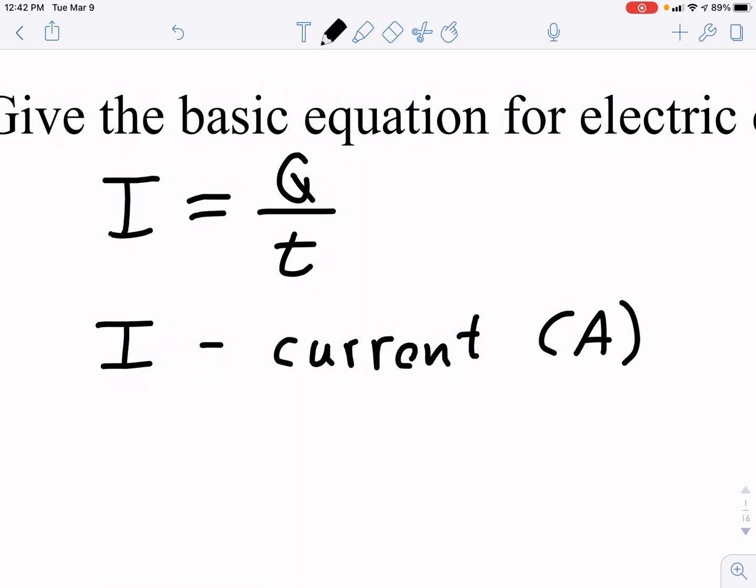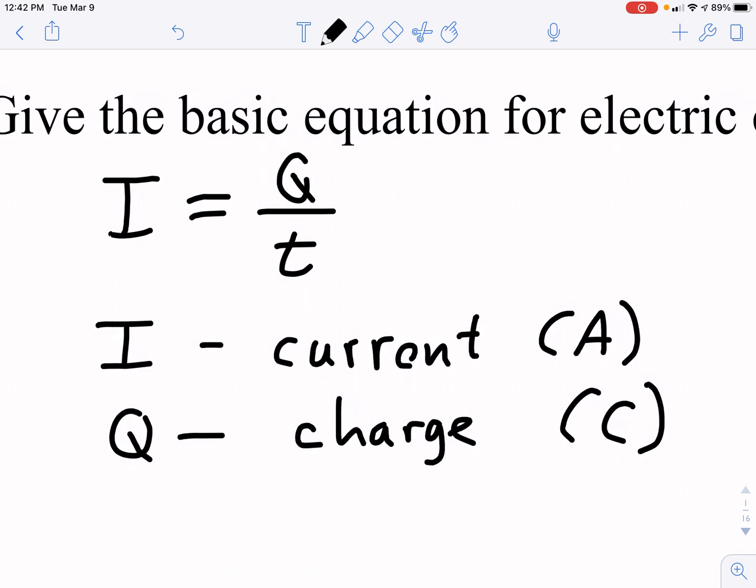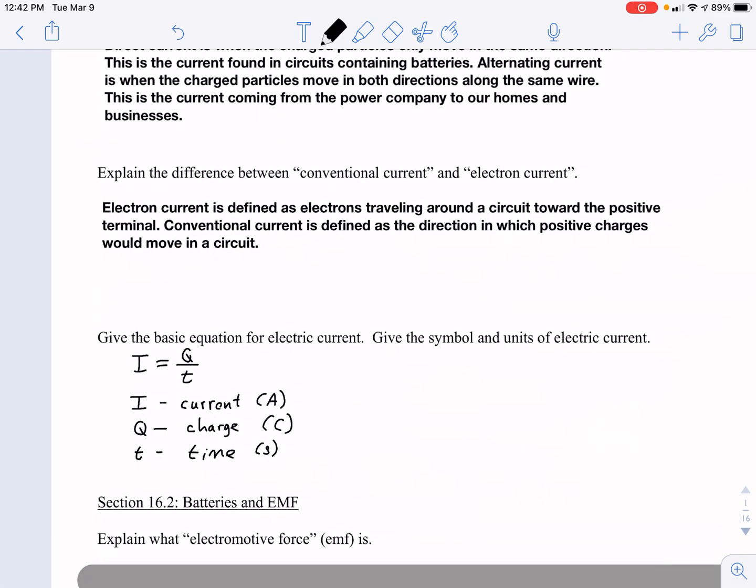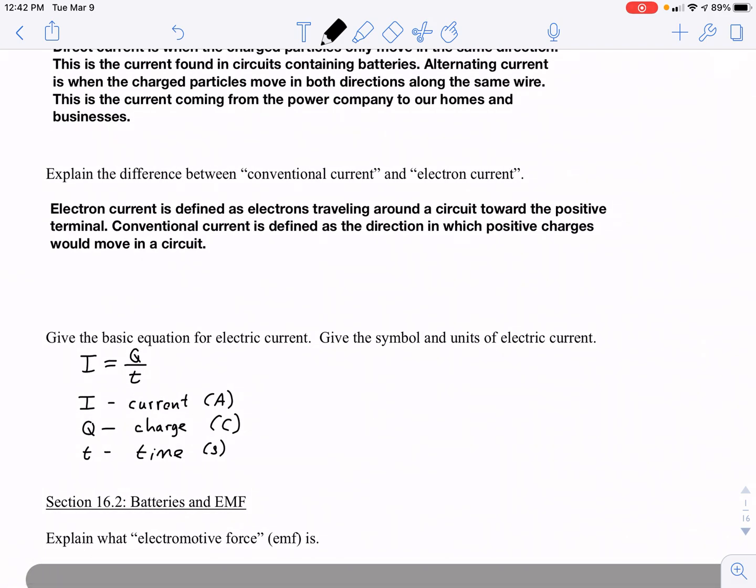A stands for amps or amperes. Q is charge, again in coulombs, and T is time in seconds. So we can think about electric current as how much charge is passing a certain point in a certain amount of time, or the flow rate of charge.